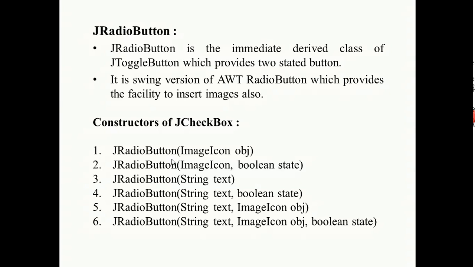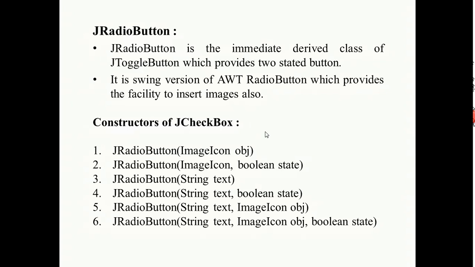This constructor creates a radio button with an associated image. The second constructor is JRadioButton with ImageIcon and boolean state. The ImageIcon is nothing but the image associated with the radio button, and the boolean state is the state of the radio button.